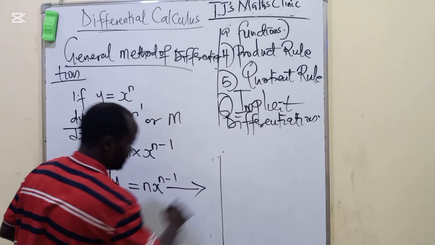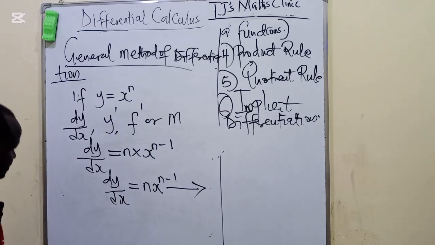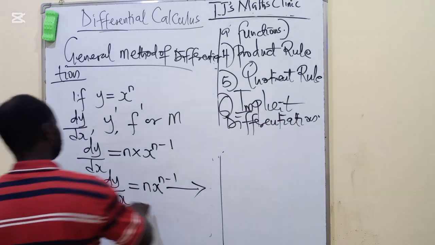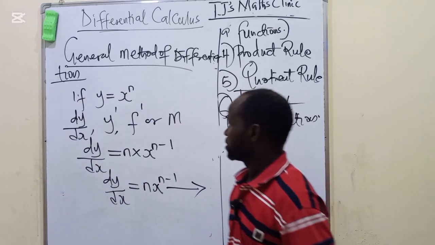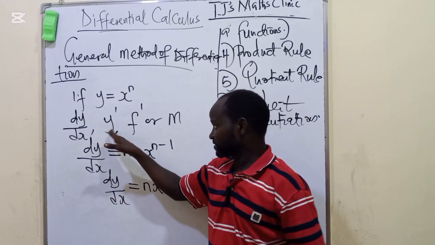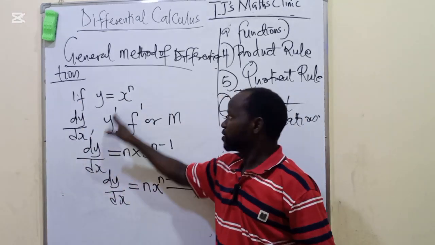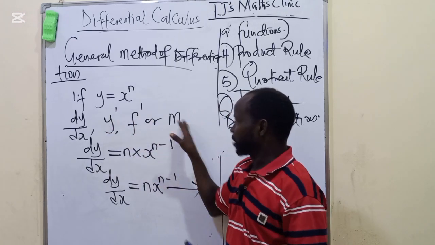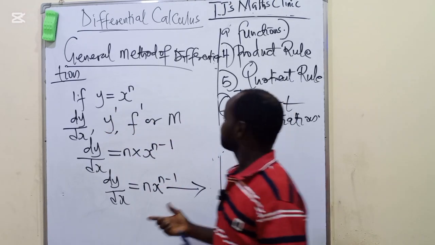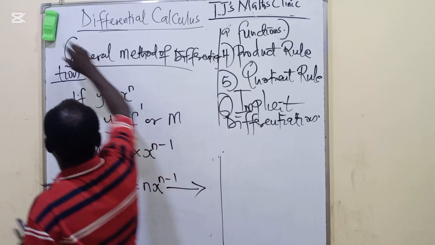And this is said to be the general method of differentiation. We can either use first derivatives or dy by dx, y prime, f prime, or m. They mean the same thing. Very important.